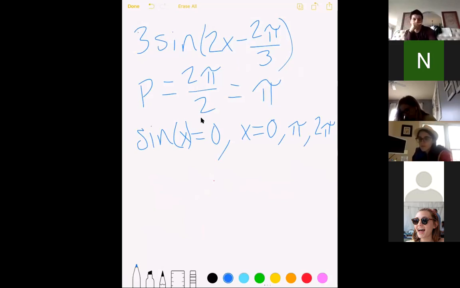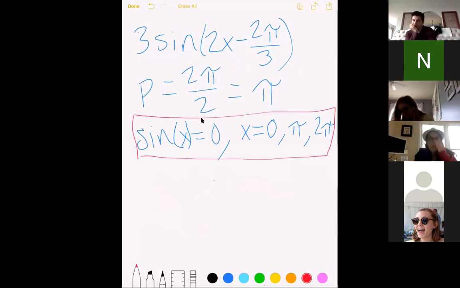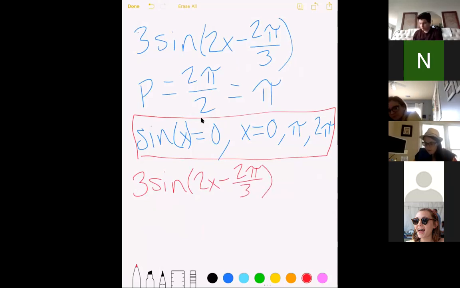Okay, so now that I have this information right here, I can set up 3 separate equations, knowing that 3 sine of 2x minus 2 pi over 3 equals 0.